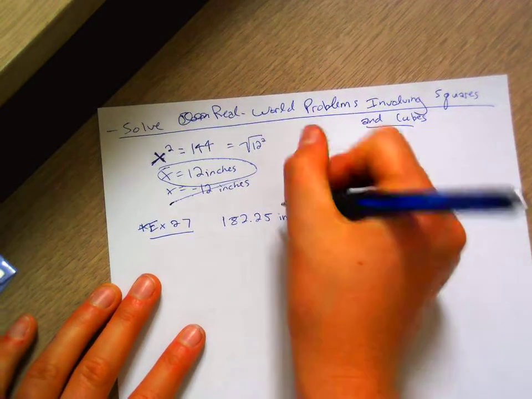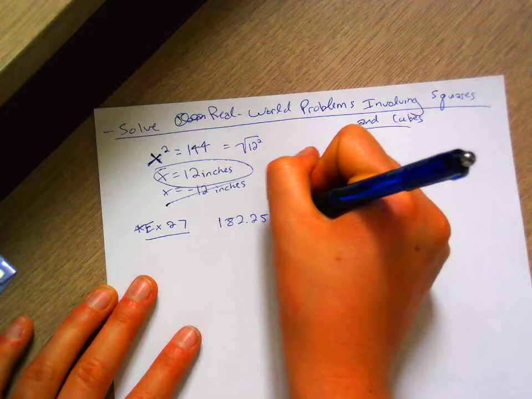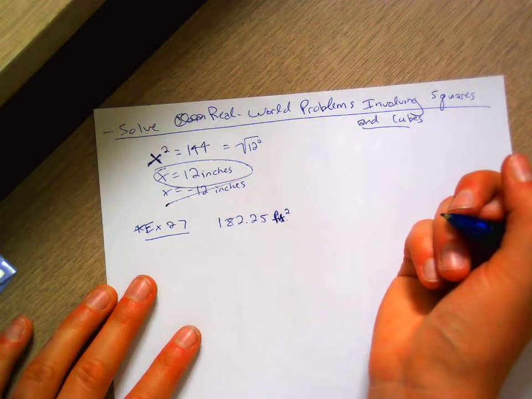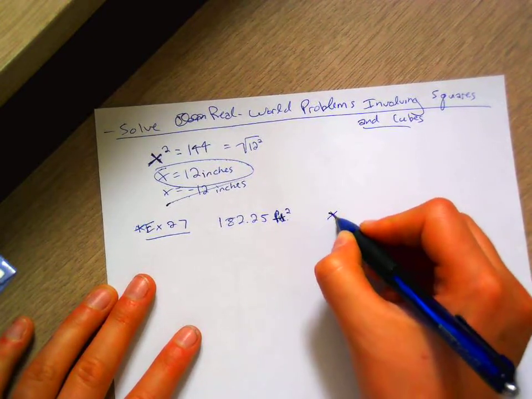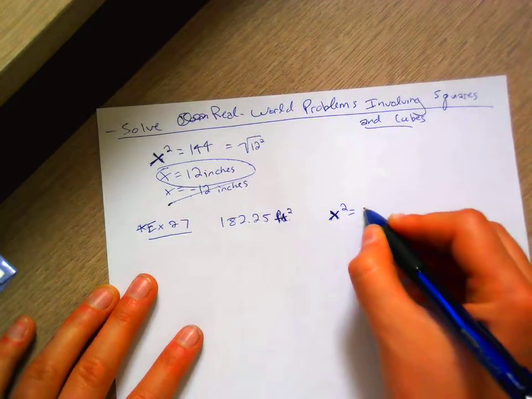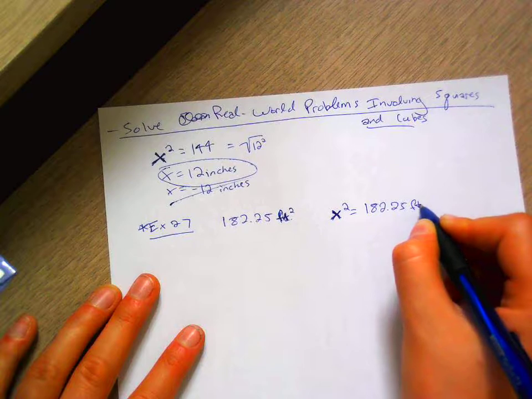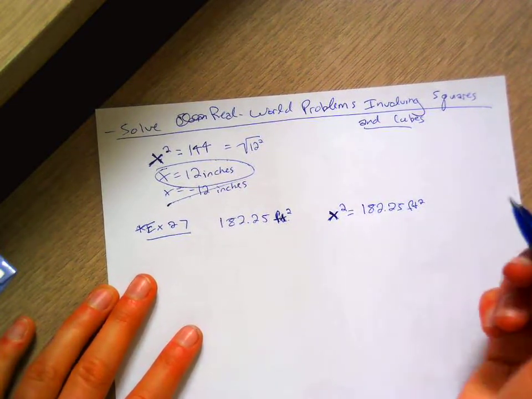Oh, it's feet, sorry, not inches, feet. So how long should the piece of carpet be on each side? To do this, we want to find x. We know that x squared equals 182.25 feet squared. So let's figure out what x is.